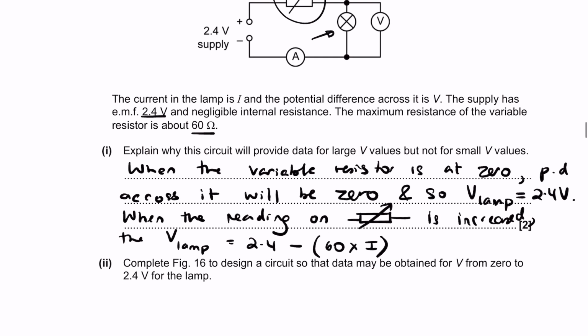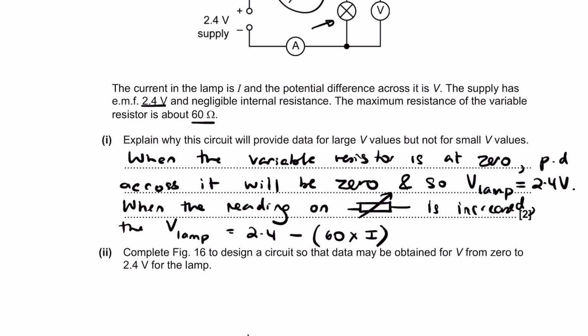It's a really weird question, I think. This will be an arbitrarily small value, but because we don't know much about the bulb, the current, etc., it's really hard to say exactly what they mean by small values.